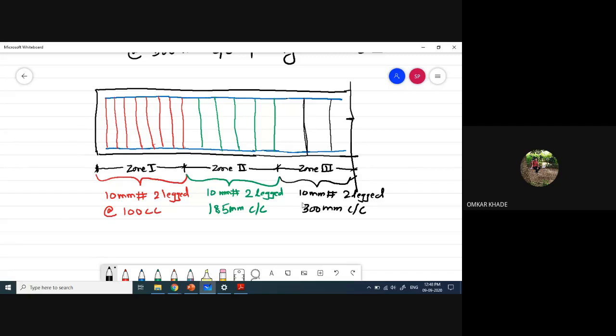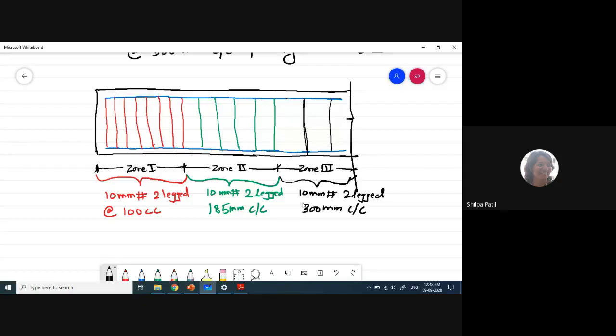Ma'am, this figure which you have drawn now, is it necessary to draw in exam? Yes. You are expected to draw this diagram in the examination also. Because looking at this single diagram, I can understand easily that you have already considered the curtailment. You have considered different zones.